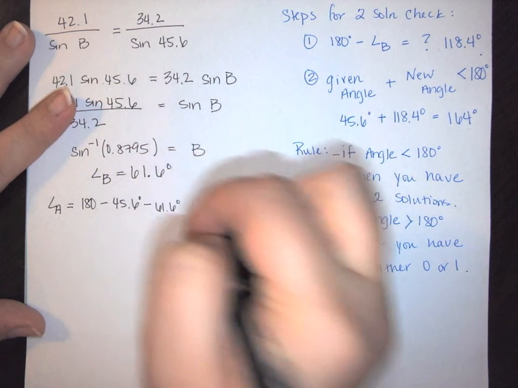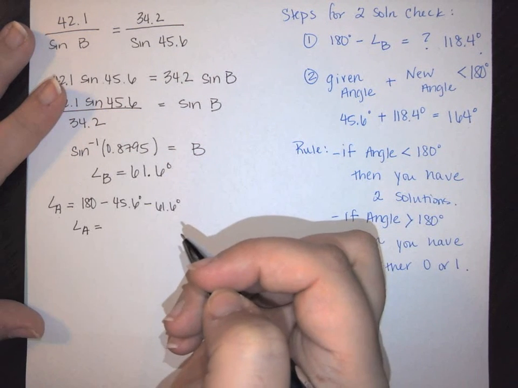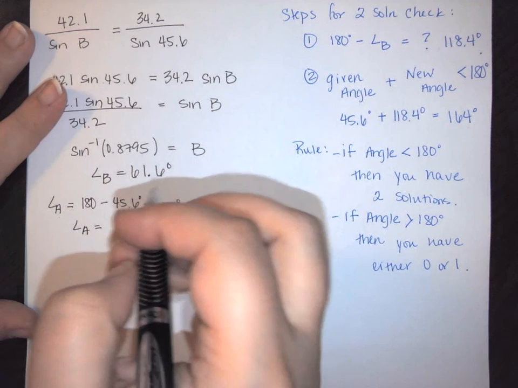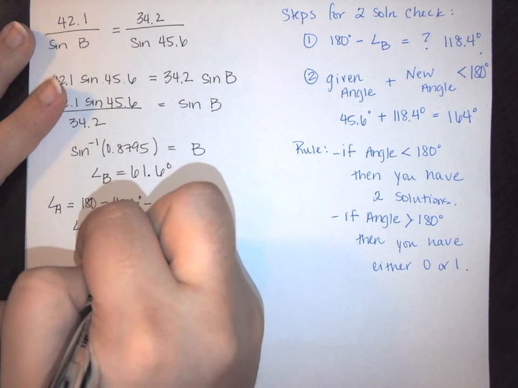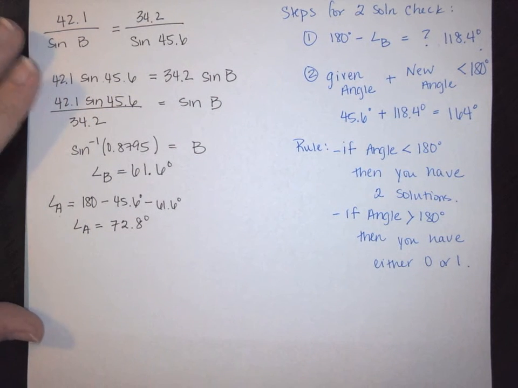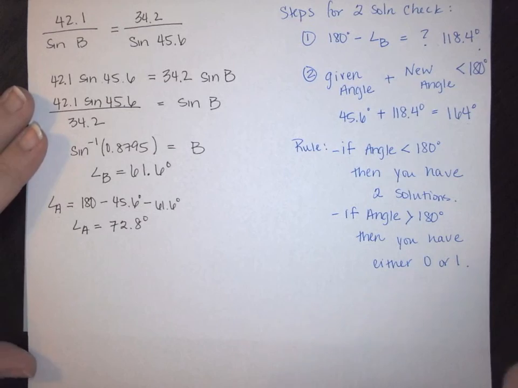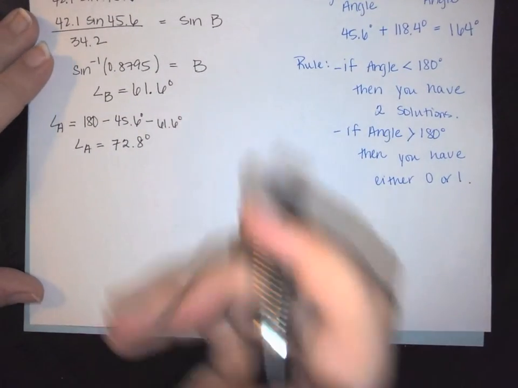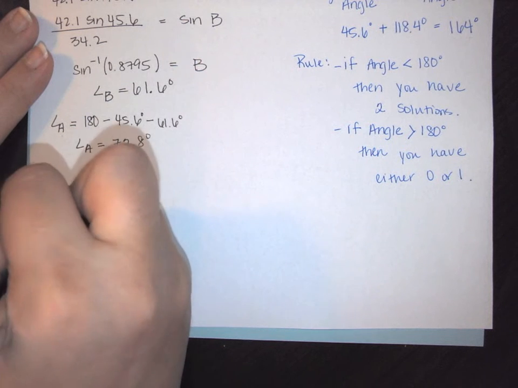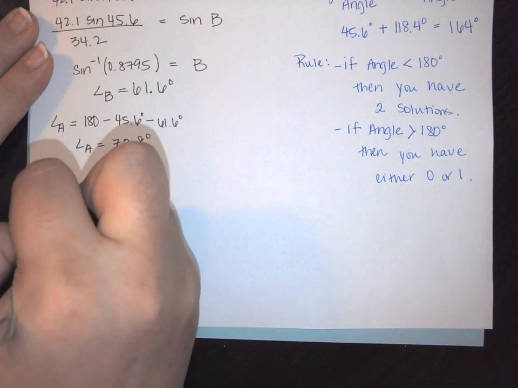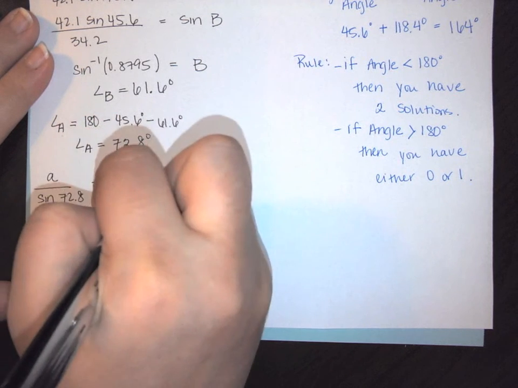So here A is going to be 34.2 times the sine of 72.8 all over the sine of 45.6, which in this case is going to give us 45.7. So if you look, we've got our 3 answers. We have our angle B here, we have our angle A, and we have our distance A.